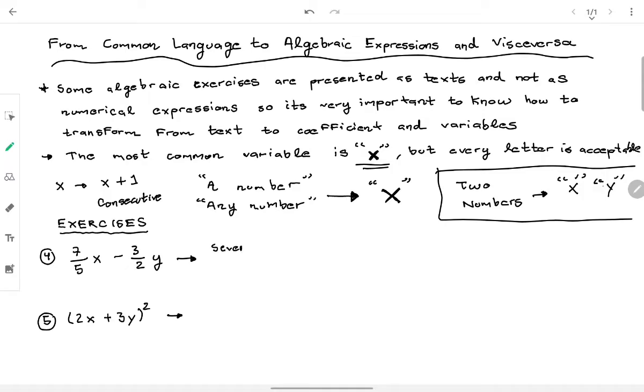So let's see, in this exercise we have 7 fifths of a number minus or less 3 halves of another number.